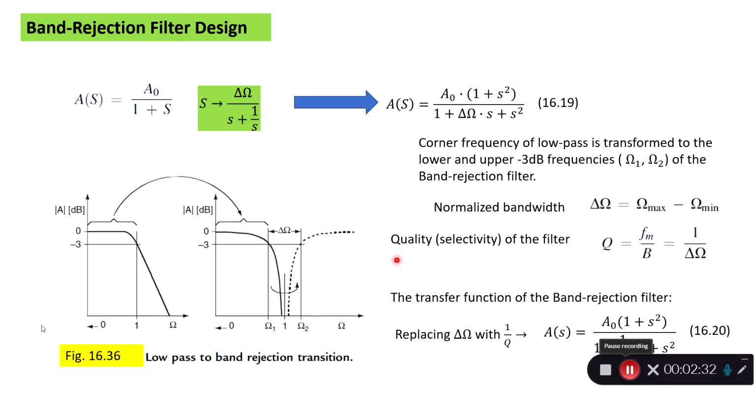We have something called the Q, the quality factor for the filter. This is defined by the mid frequency, actually the frequency we want to get rid of, and the bandwidth. And in our case here, the bandwidth is the delta between omega 2 and omega 1.